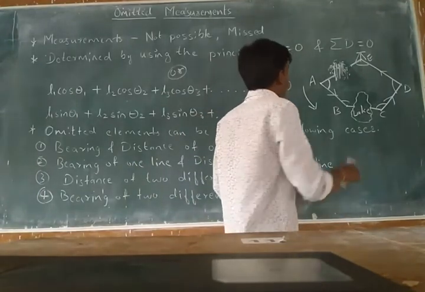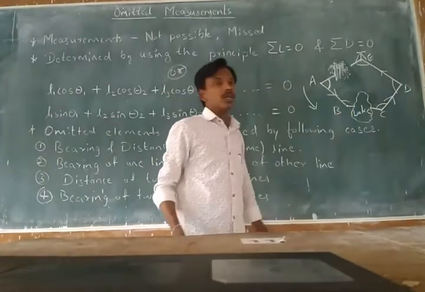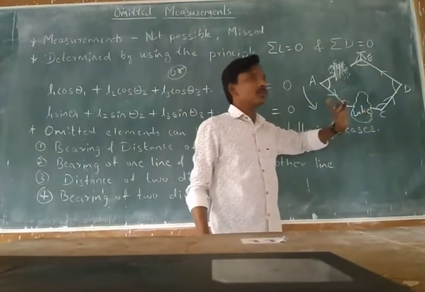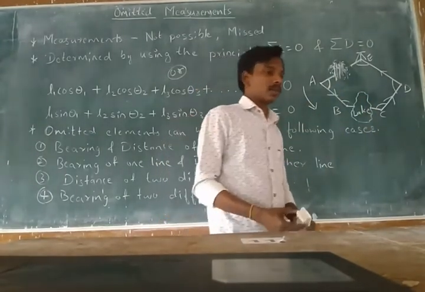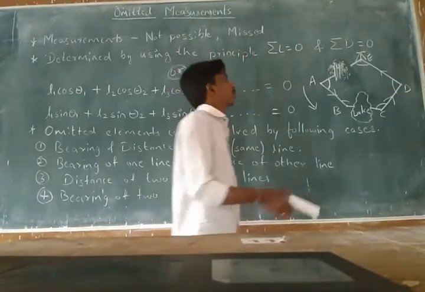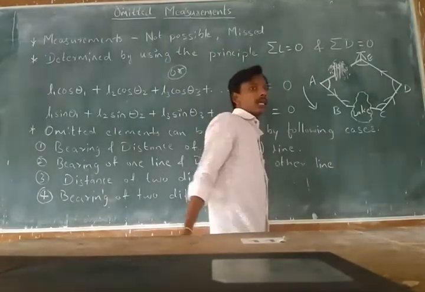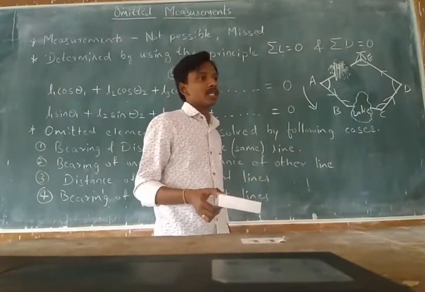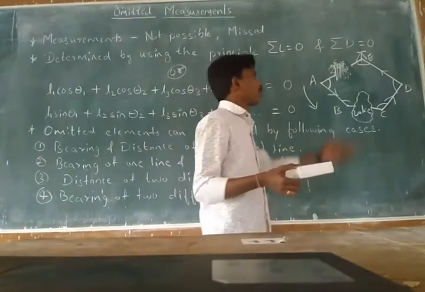Now this shows that you are going to omit these two measurements. That is omitted measurement, which means you are going to leave or omit some of the measurements knowingly, sometimes unknowingly.